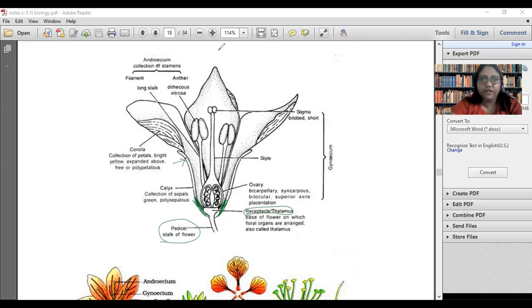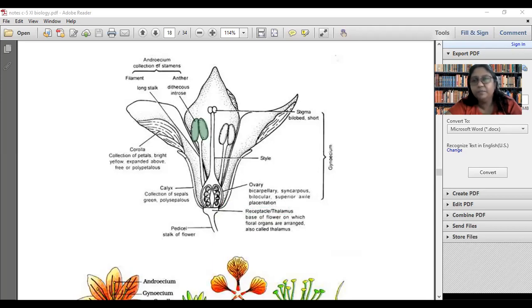In case of androecium, if you have a close look into androecium, you will be able to see these two parts which I am highlighting. These two parts are known as anther. Okay. Anther is a pouch-like structure inside which there is presence of pollen mother cell which produce the pollen grain.